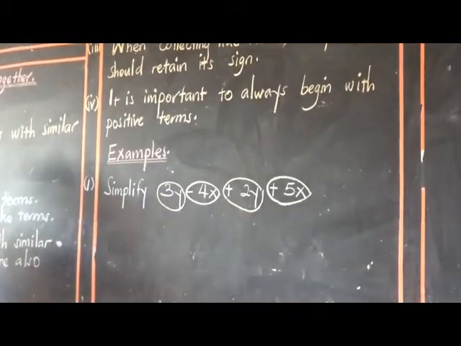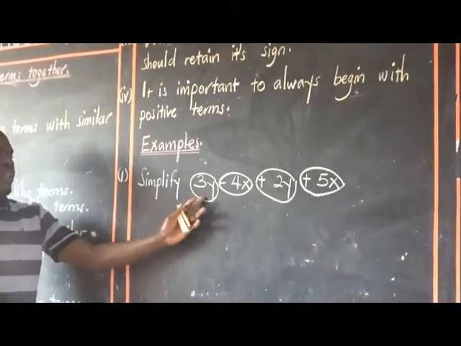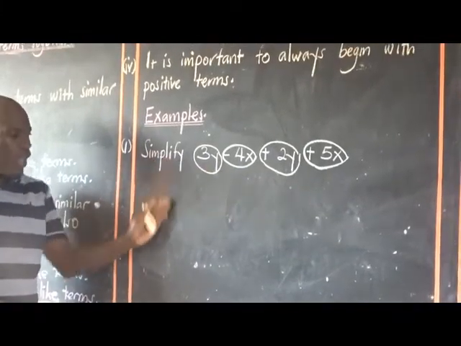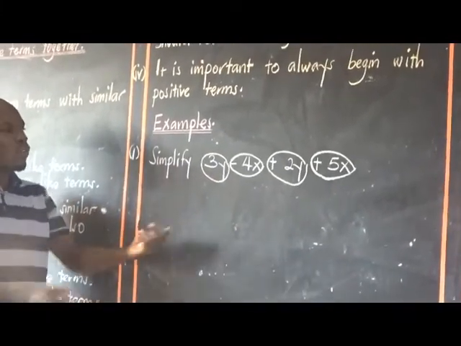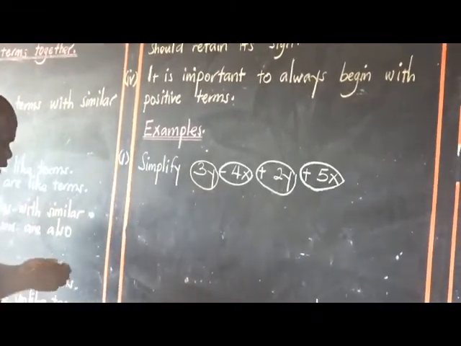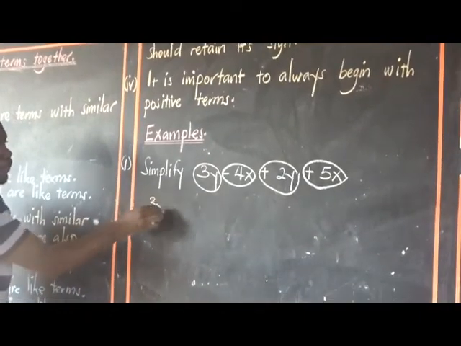But it is important that whenever you are carrying out any operation on terms, always retain the first term as the first one. 3y will be retained as the first one because it is onto this that all the operations are being carried out. So in this case, we shall have 3y.